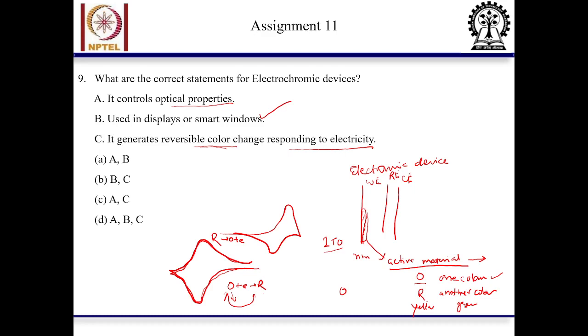So two sequential electron transfers means once it goes through one electron transfer, then another electron transfer. This is called two sequential electron transfer. So suppose this is going O to R1, now R1 to R2, now again R2 to R1 and R1 to O. All the process is happening.